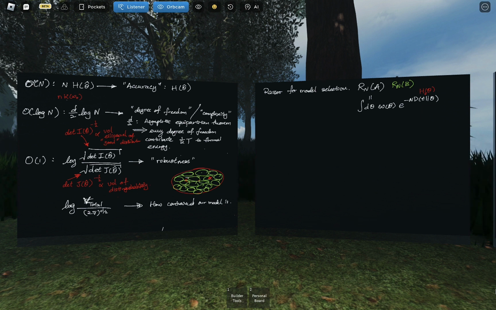So what you would do is write out the asymptotic expansion of this, which is just what we have been given before: H naught of theta star plus d on 2 log n, minus robustness and minus constraints.